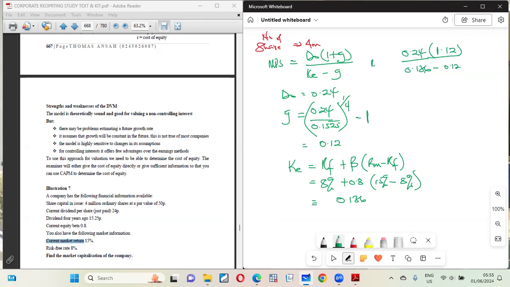So what is the market price per share of the company? So if you do it well, you have the down part is like 0.016. I think that is what you get.